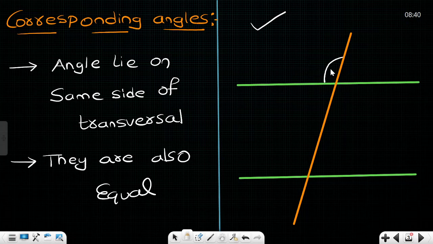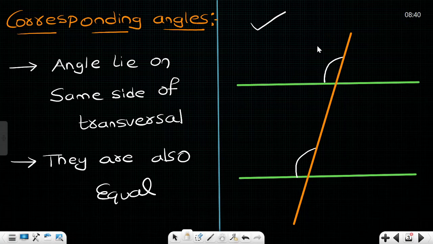So can you say that this angle and this angle are equal? No, this is obtuse, this is acute, so we cannot say that. So they are not corresponding. These two are called corresponding angles. They are both obtuse and 100% there is a chance that they can be equal.